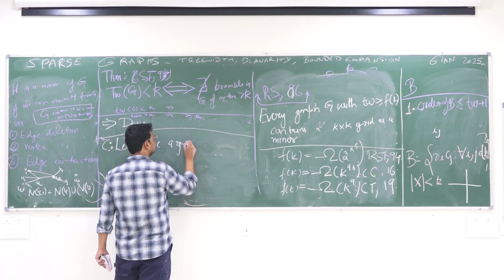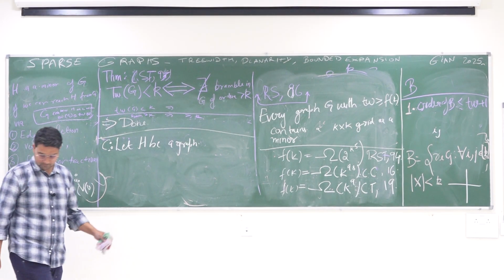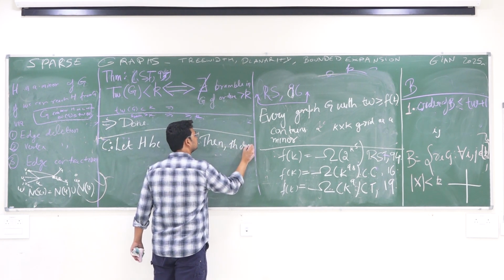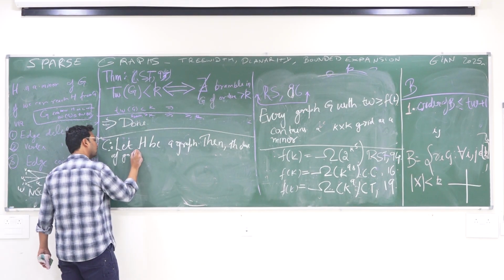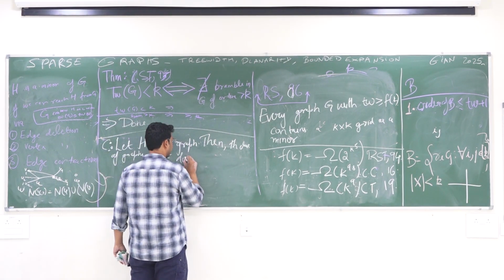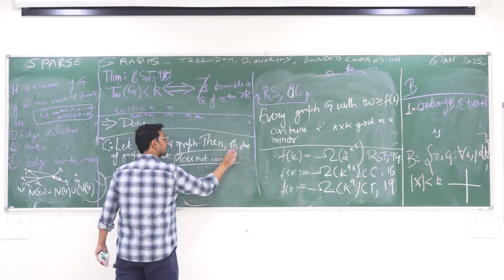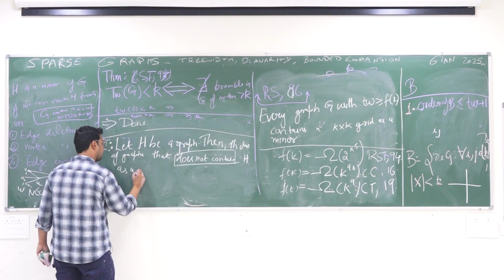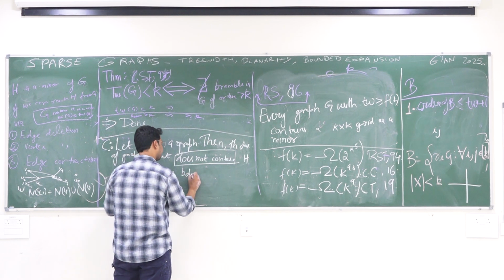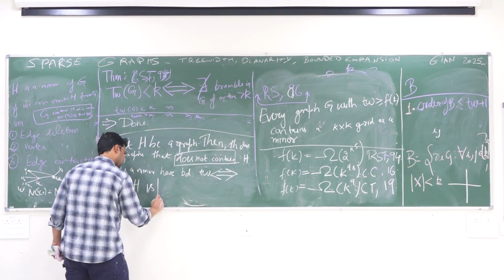Let H be a graph. Then the class of graphs that excludes, or does not contain, H as a minor have bounded treewidth if and only if H is planar.